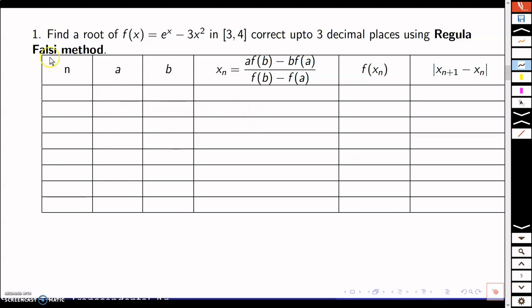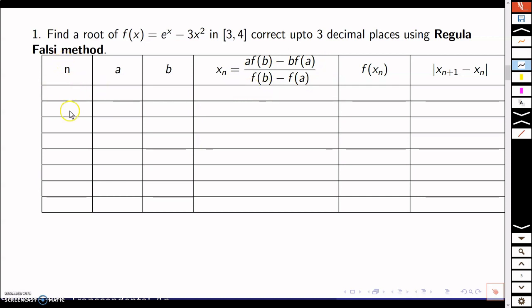But here the only difference is, instead of midpoint we have this quantity with us, a into f of b minus b into f of a upon f of b minus f of a. So at each iteration, we are going to compute this xn using this formula instead of the midpoint which we used in the bisection method.